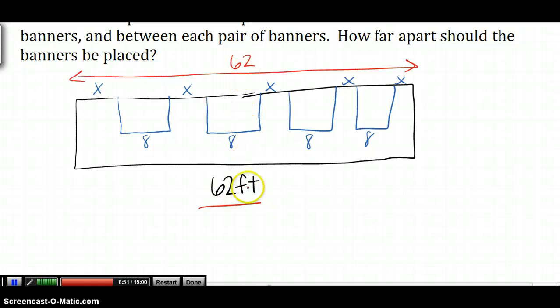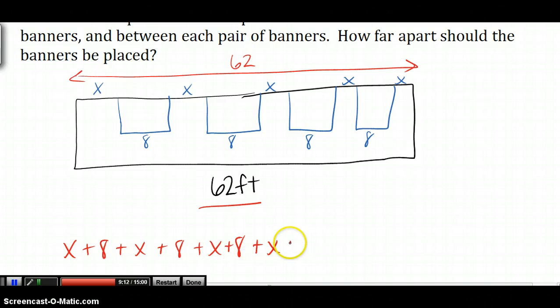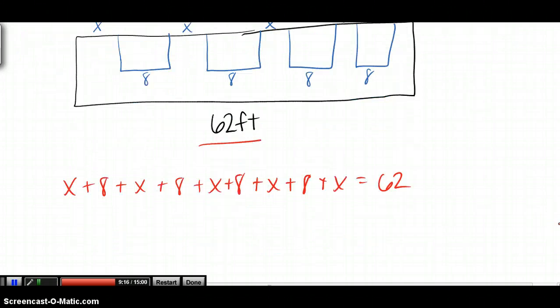So, if they both equal 62, that means that this x plus this 8 plus this x plus this 8, all of this should add up to be 62. So you can just write x plus 8 plus x plus 8 plus x plus 8 plus x plus 8 plus x should all equal 62.